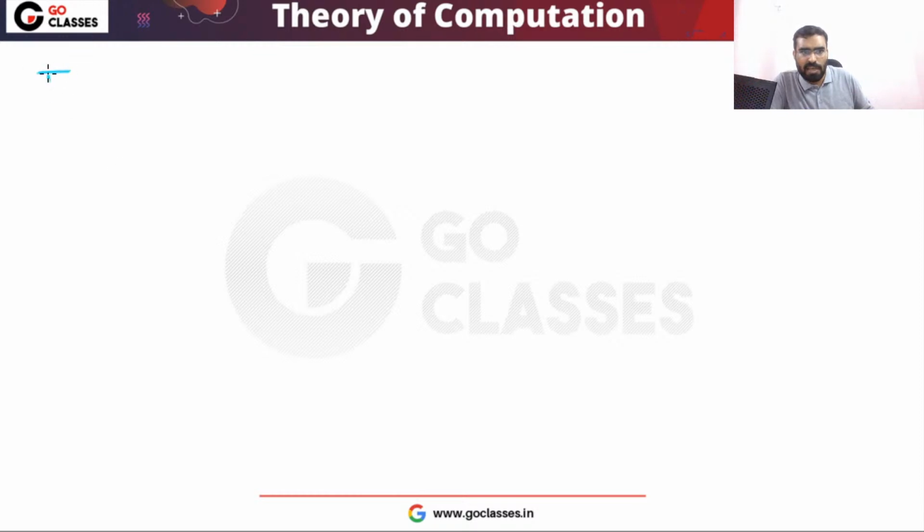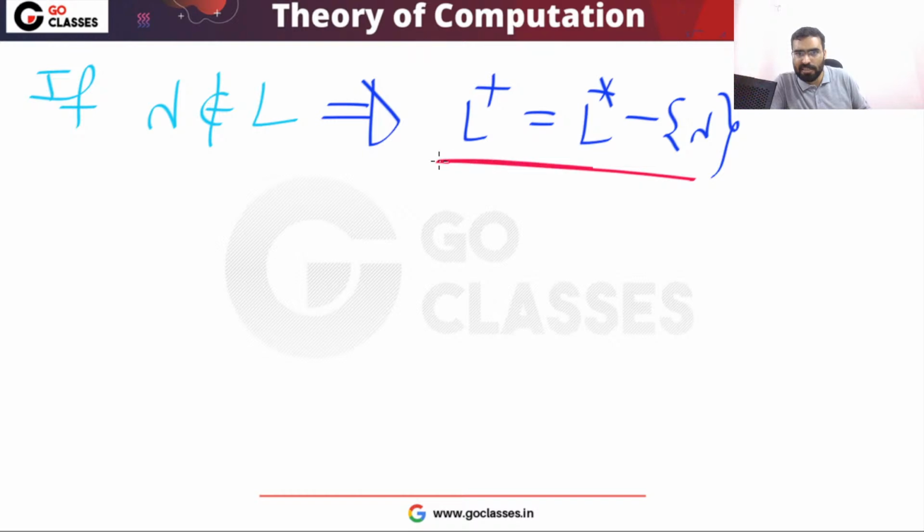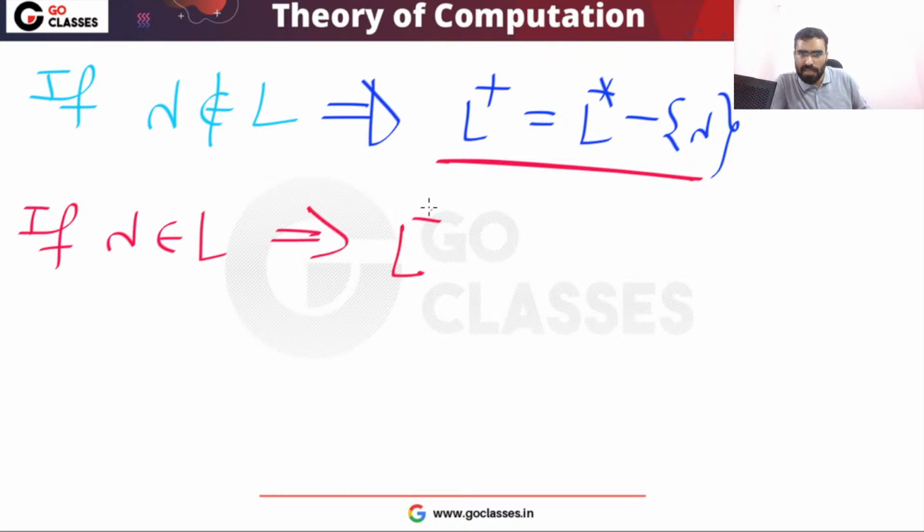If the empty string does not belong to L, then you can notice that L plus is actually L star minus the empty string. From L star, you remove the empty string, that will be your L plus. But if the empty string belongs to L, then this is wrong. Then L plus is not equal to L star minus the empty string.